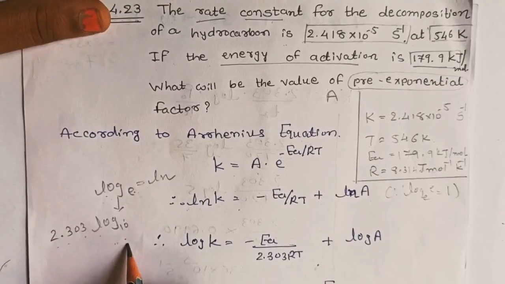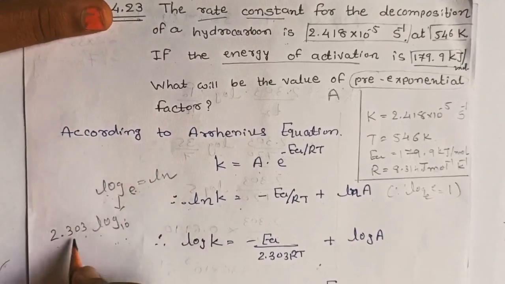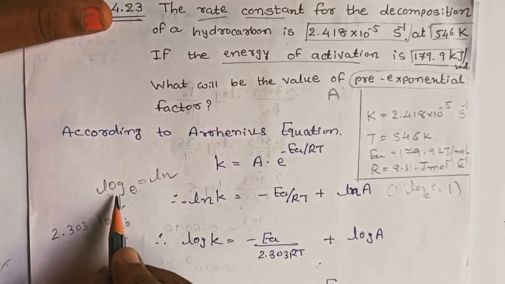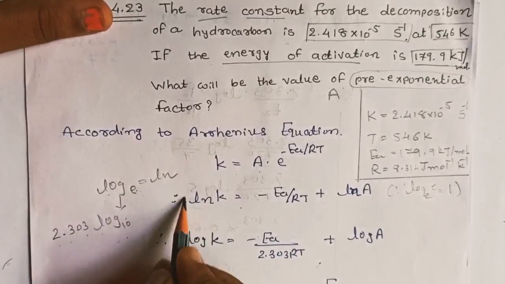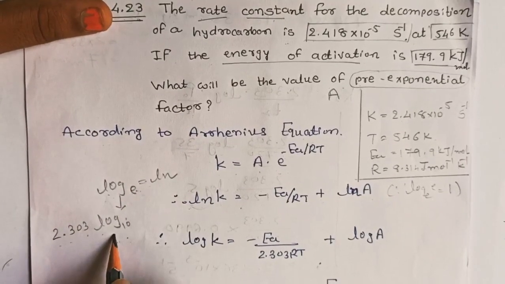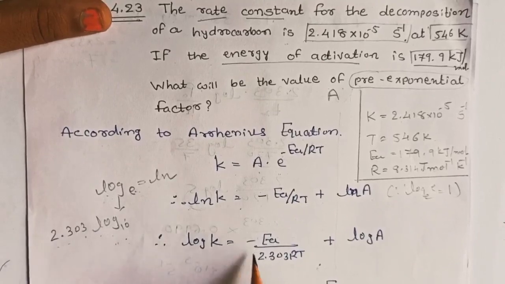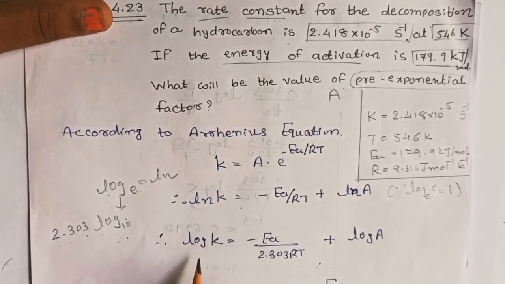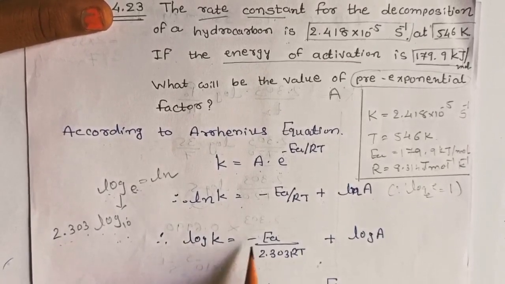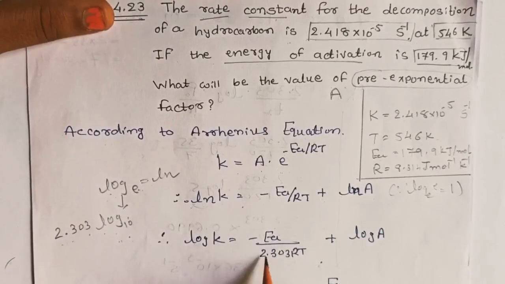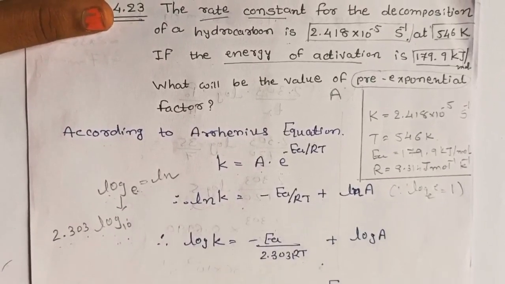After converting this ln into log base 10, we divide by 2.303, so we will get log k equal to minus Ea by 2.303 RT plus log A, right?